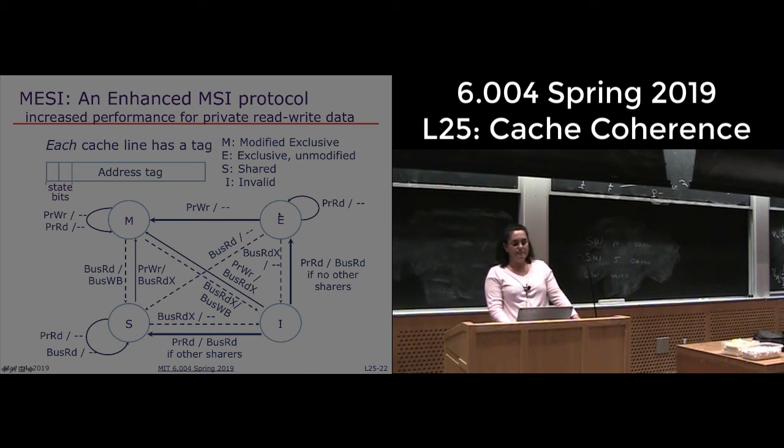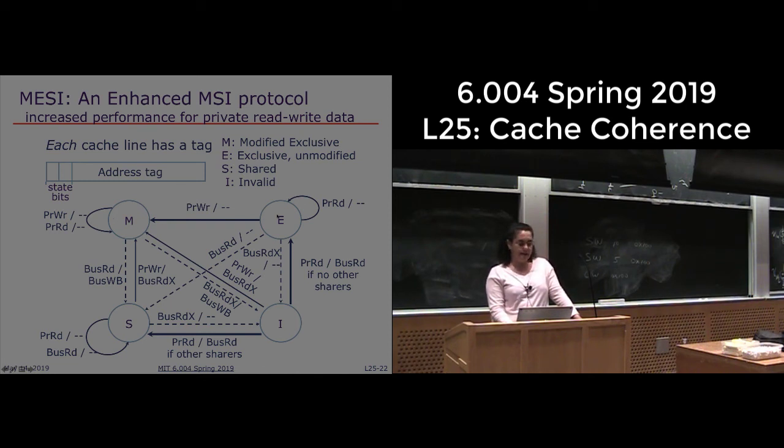Okay? And what's the benefit of being in the exclusive state? The benefit is that from here I can do process write requests without issuing additional commands on the bus. Okay, so this is a local write request, which is taking me from the exclusive to the modified state.